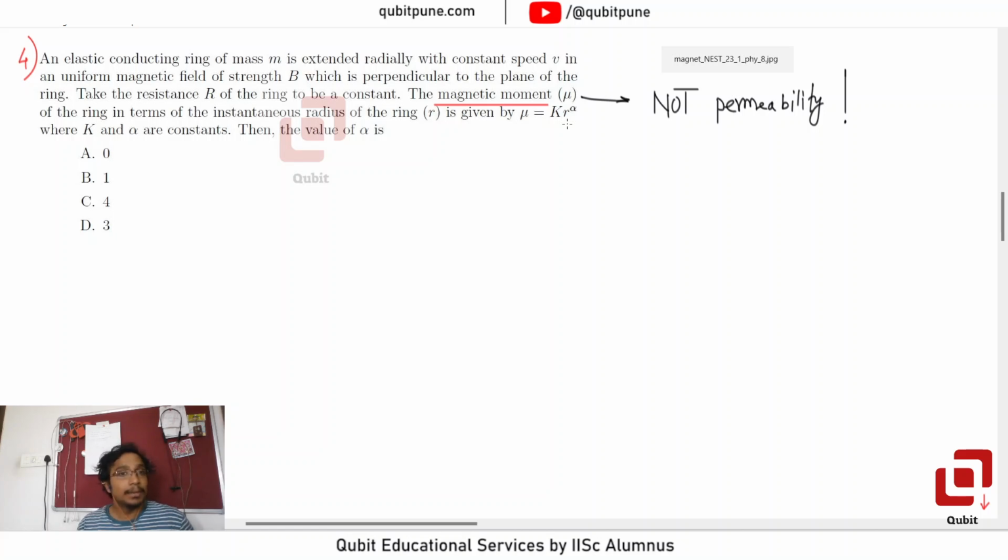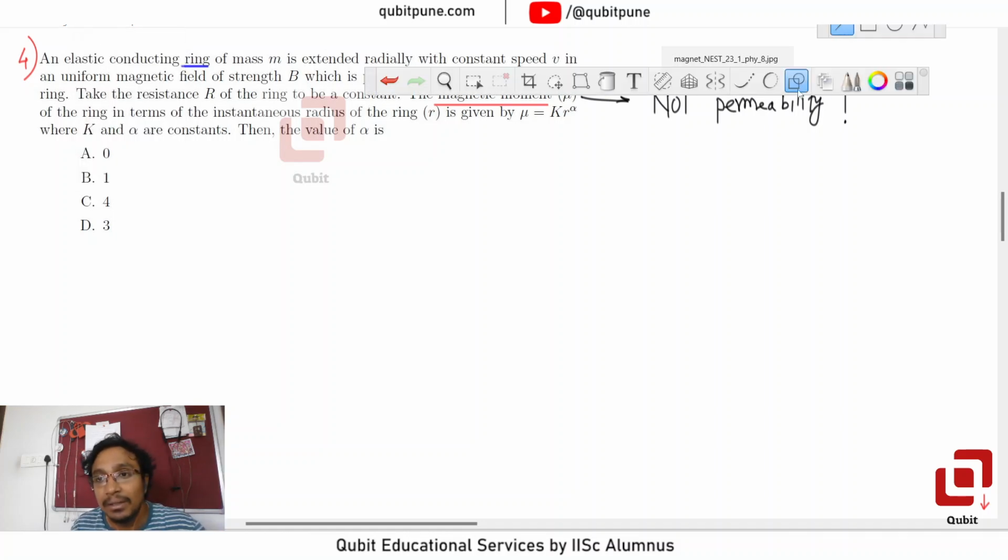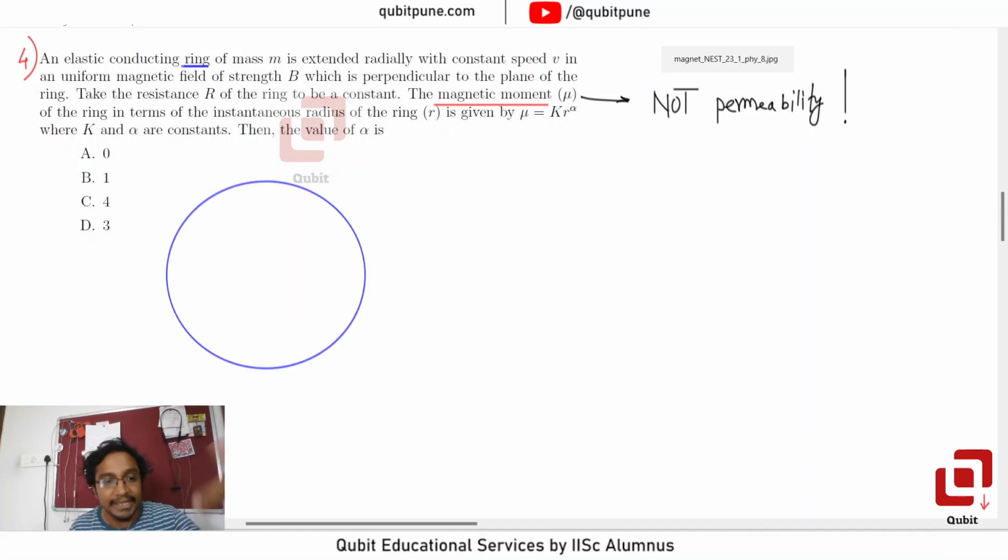Now, please tell me, why would that particular ring have a magnetic moment? What will be the cause of the current? Any? Sir, magnetic flux is changing. Yes. So current will be induced by Faraday induction. करेक्ट. तो दोनों यहाँ पे मैग्नेटिक मोमेंट भी है और इलेक्ट्रोमैग्नेटिक इंडक्शन भी है.